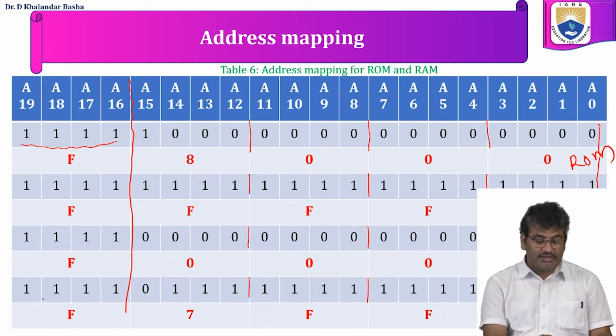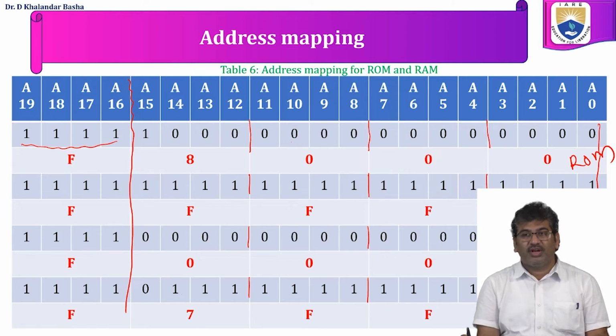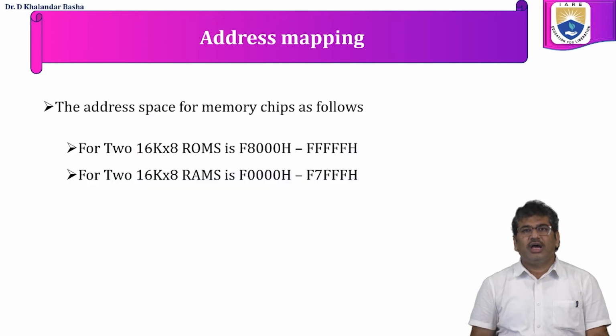The maximum address for RAM is 0111, which is hexadecimal 7, then 1111 hexadecimal F, 1111 hexadecimal F, 1111 hexadecimal F. So now the address space for RAM is F0000 to F7FFFH.